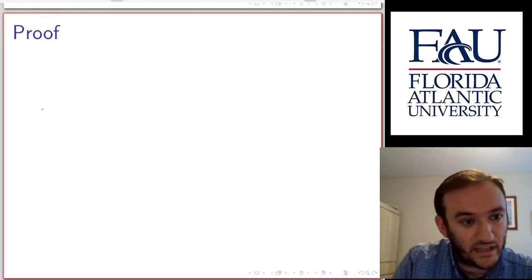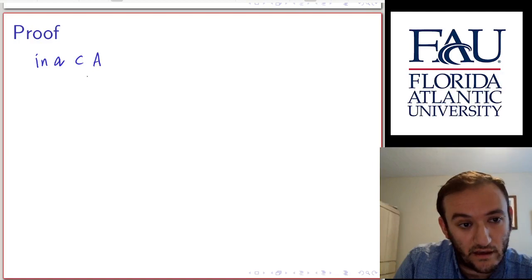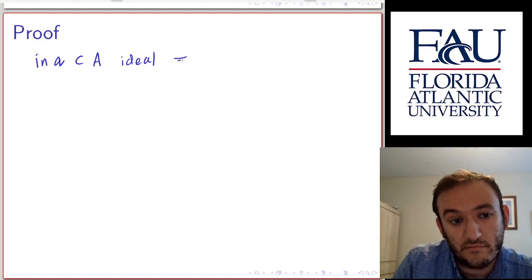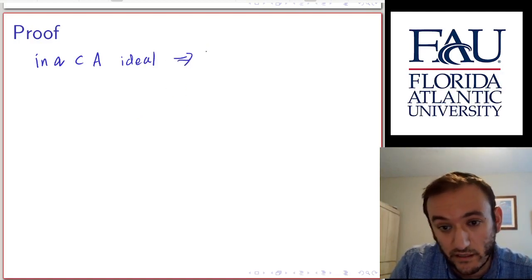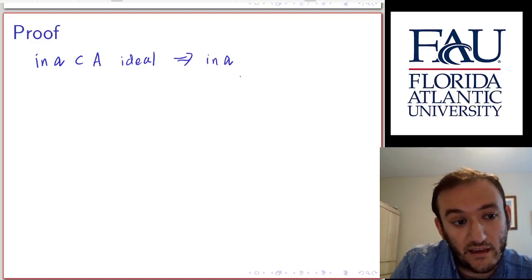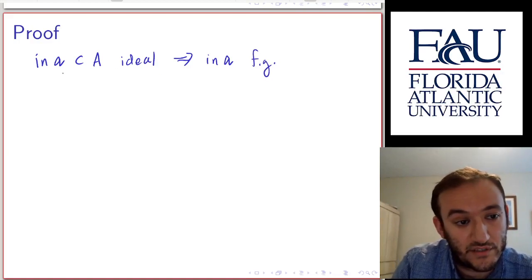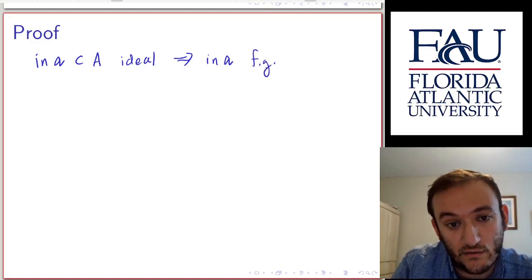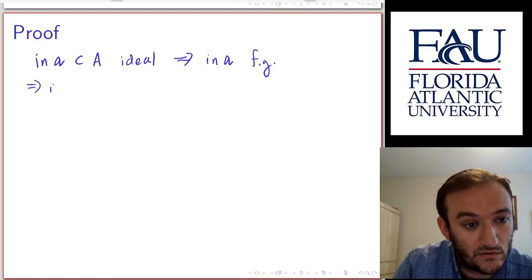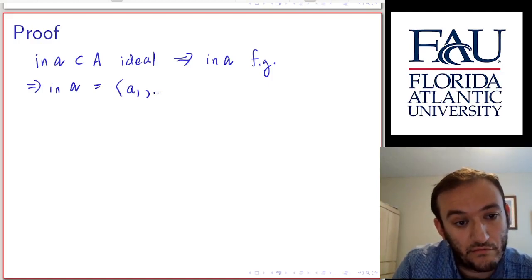So now that we have that the initial ideal of A is an ideal of A, this implies that it's finitely generated by the Noetherian condition. So the initial ideal of A is finitely generated. And in particular, we can say that it's equal to the ideal generated by a1 through an.